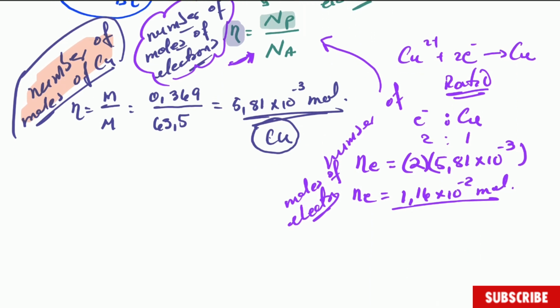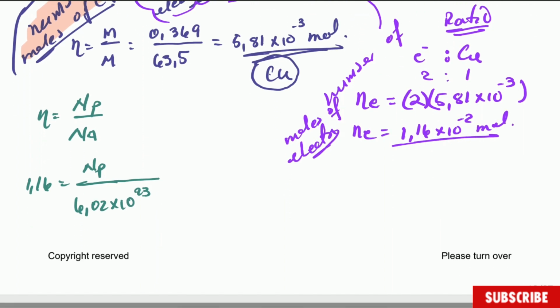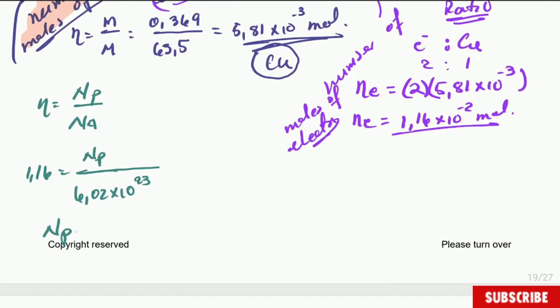We need to know the number of electrons now. So we're moving all the way to that formula. Number of mole is equal to number of particles divided by Avogadro's number. Right? We substitute. Okay guys, here is a mistake with the substitution.